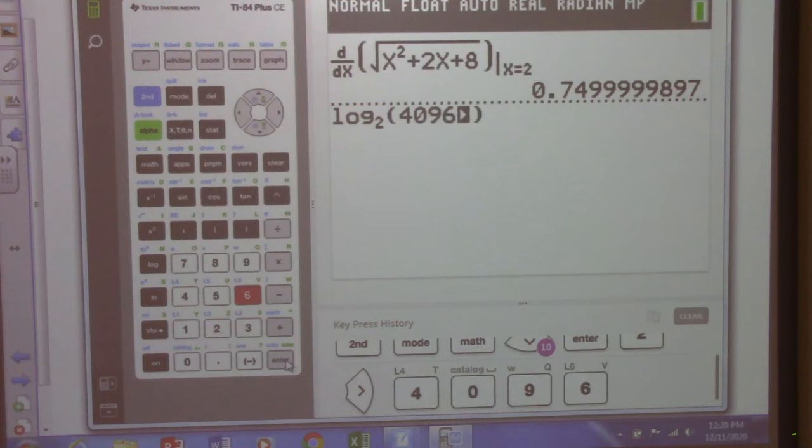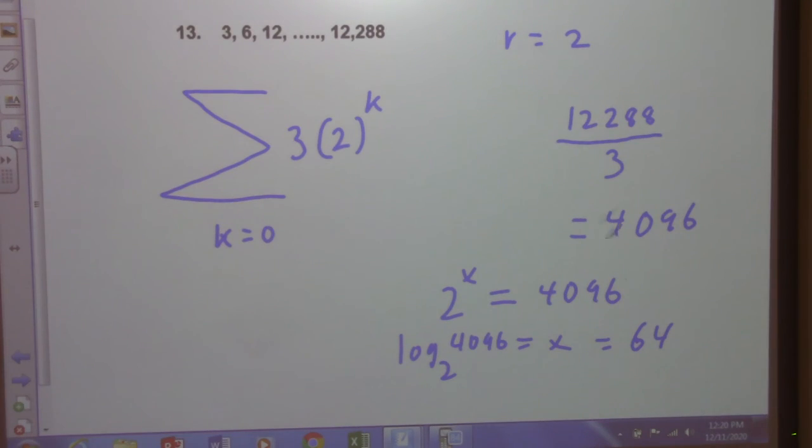It's 12. So x is 12. So we're going to go from k equals 0 up to 12. And then we should have our right answer in this case. So we had to sort of work backwards to find out what that is.